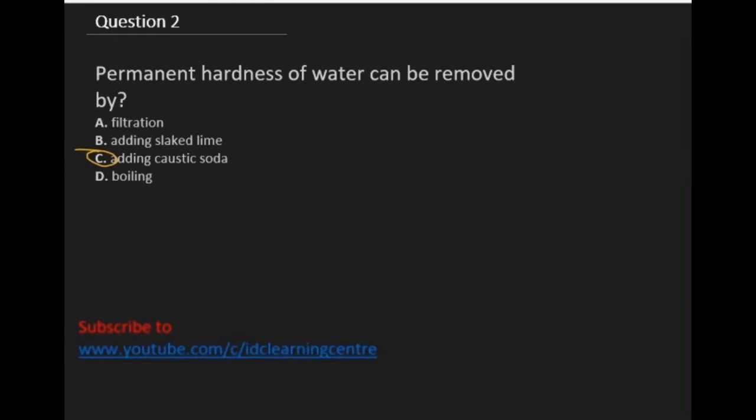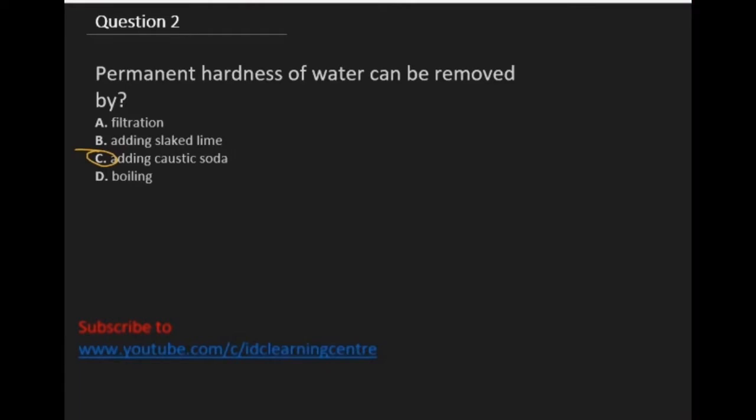Permanent hardness is removed by all soluble compounds of sodium, which will form insoluble precipitates with the calcium and magnesium ions present in permanently hard water. So the right answer is caustic soda.